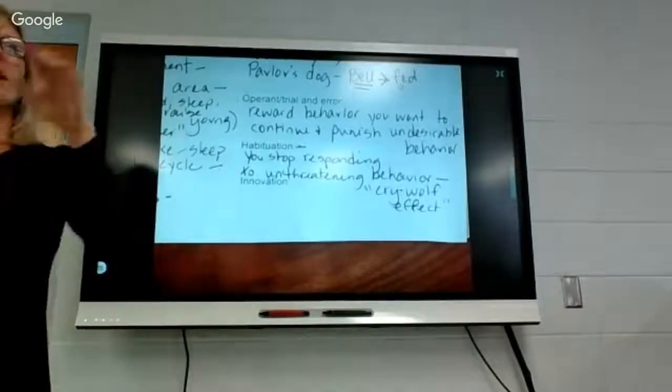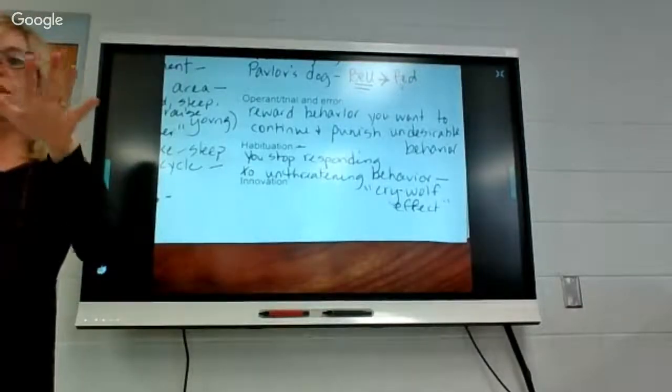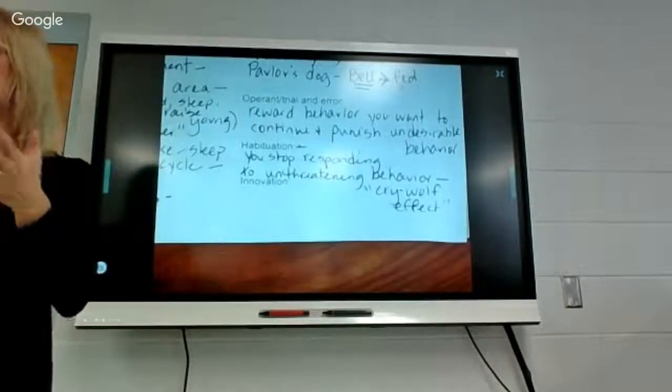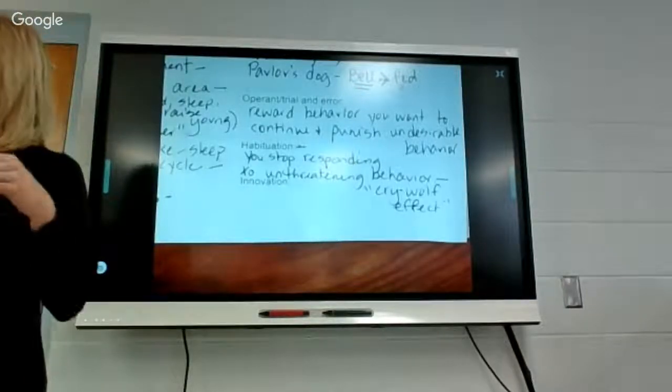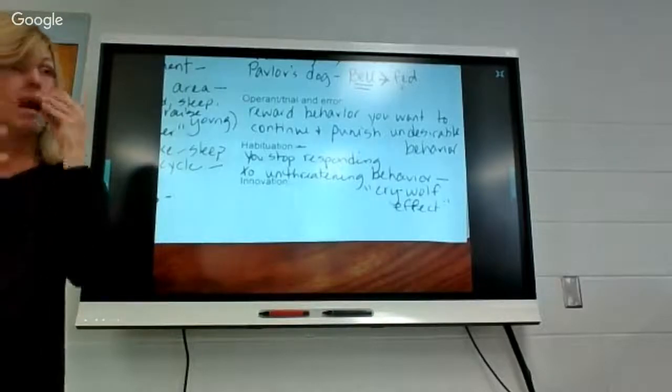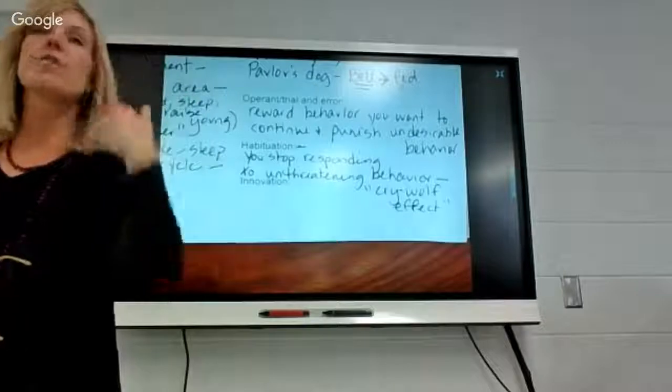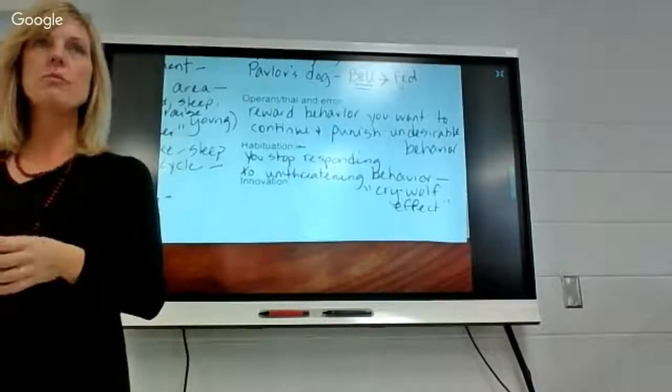Another example would be animals that are around a lot of people. They get really used to being around people. As long as they haven't been harmed by people, they're just going to continue to get used to it. That's why they tell us this, along with operant conditioning, about not feeding wild animals.